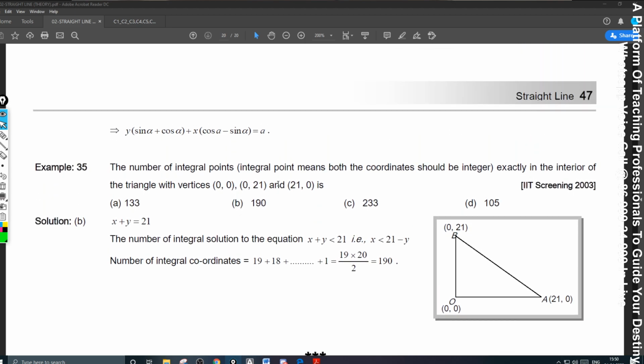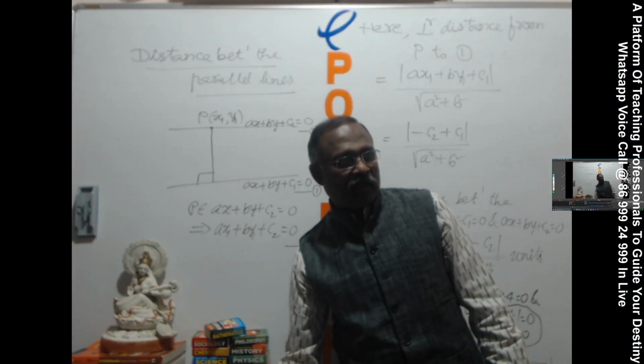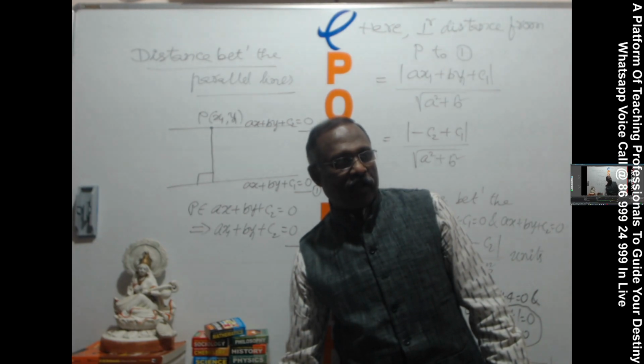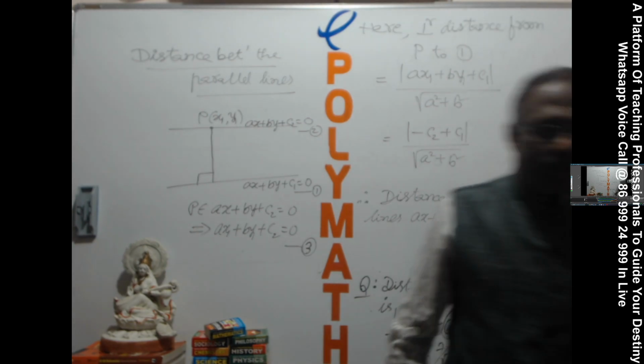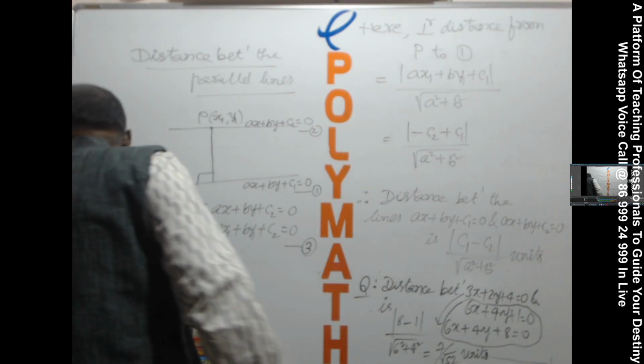The angular bisectors is also important, and the theoretical part, the formula, the concept of the derivation, the property which we use in the derivation is important here.